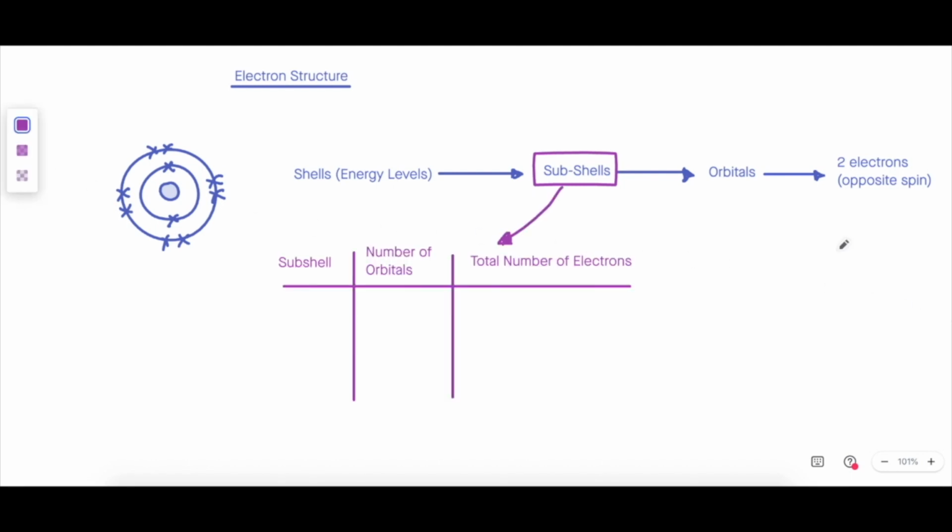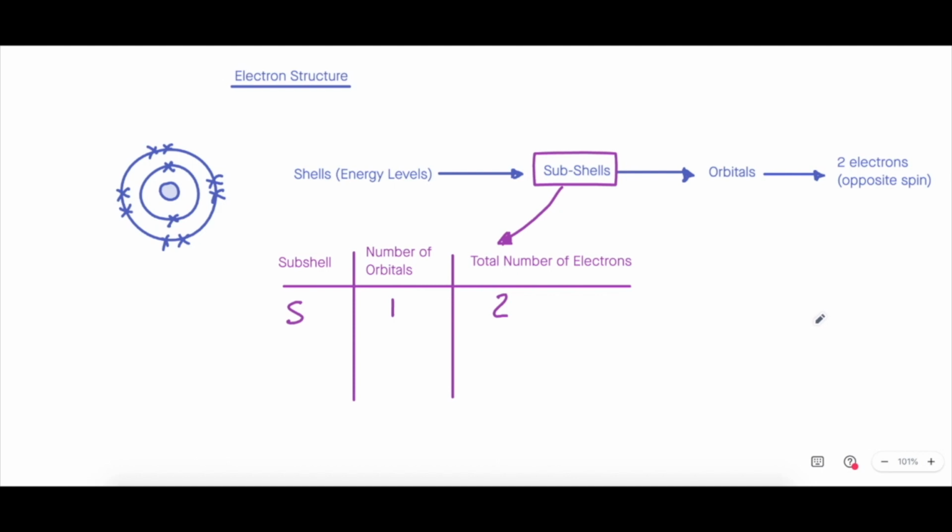So there's 4 different types of subshells you need to know about. First one is an S subshell. An S subshell is made out of 1 orbital. And if you look here, each orbital contains 2 electrons. So if an S subshell has 1 orbital, it means an S subshell can hold 2 electrons.